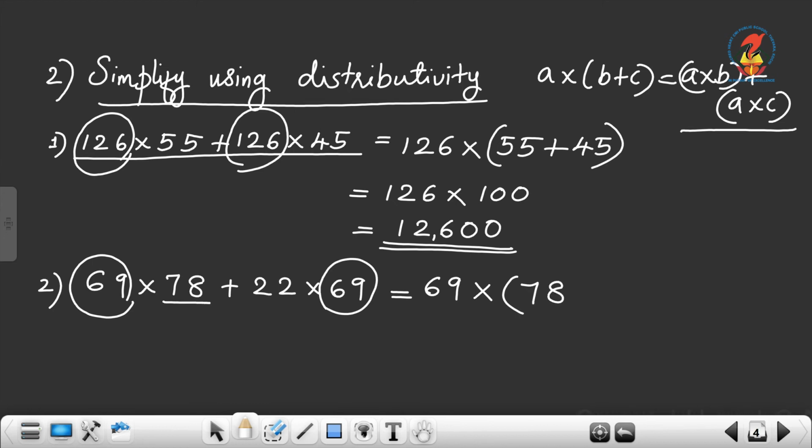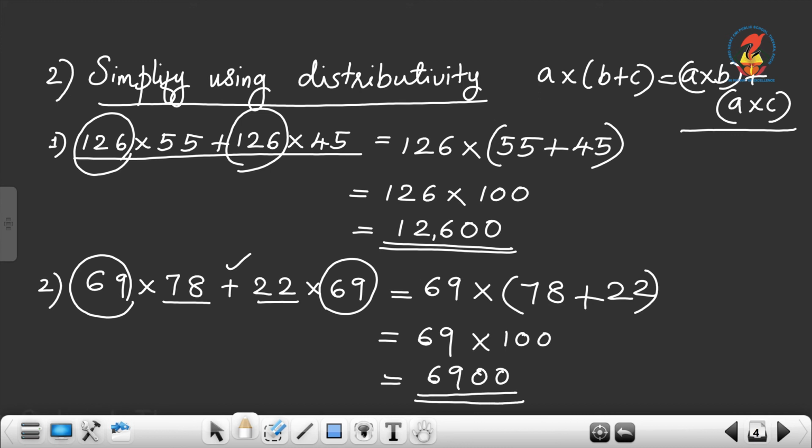Write 78, then plus, what is left here? 22. 78 plus 22 is 100, so 69 into 100. So, the answer is 6,900. So, what is the use of these properties? These properties help us to make our calculations easier. So, we can easily find out the value using the distributive property.